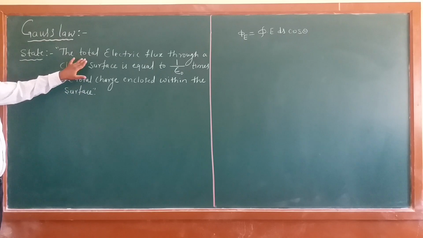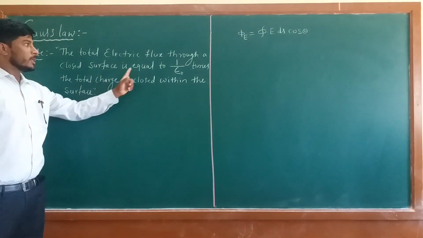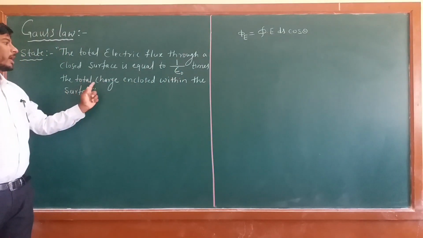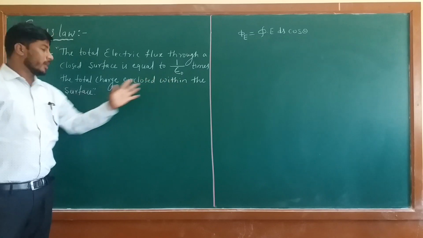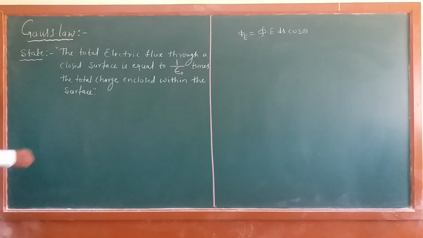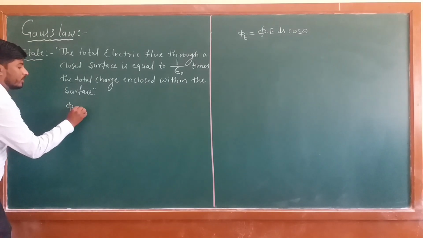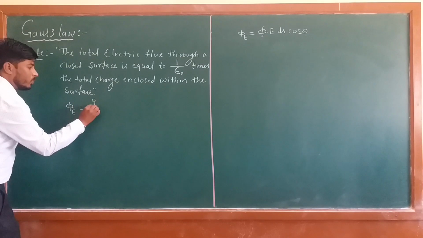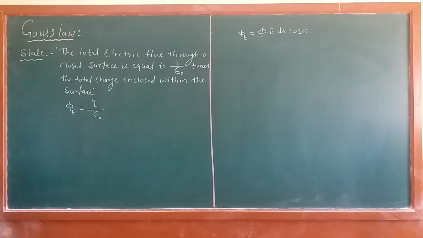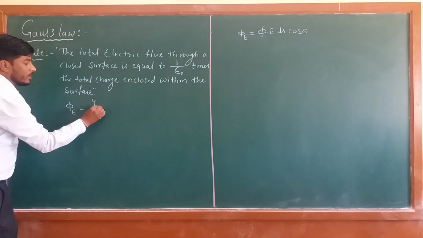The statement is, the total electric flux through a closed surface is equal to 1 by epsilon naught times the total charge enclosed within the surface. Mathematically, we can write Gauss law as phi of E is equal to Q divided by epsilon naught. This Q is nothing but the total charge enclosed within the surface.